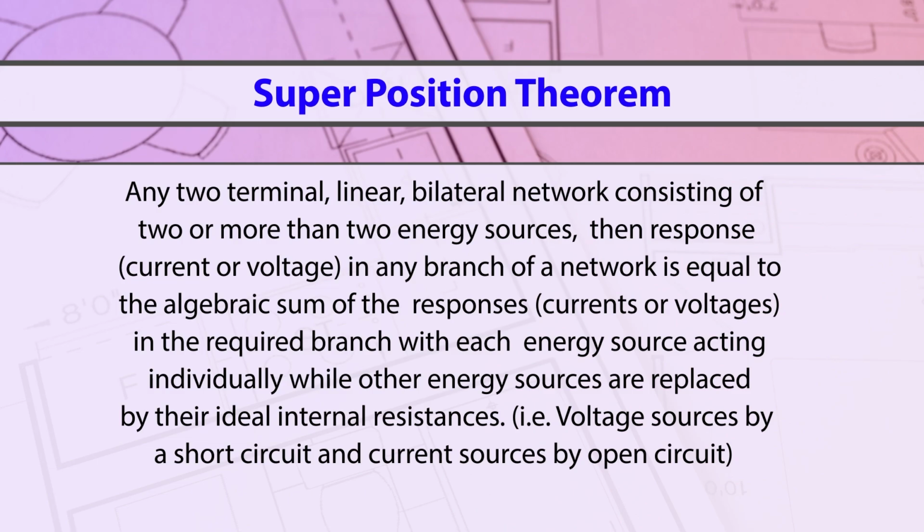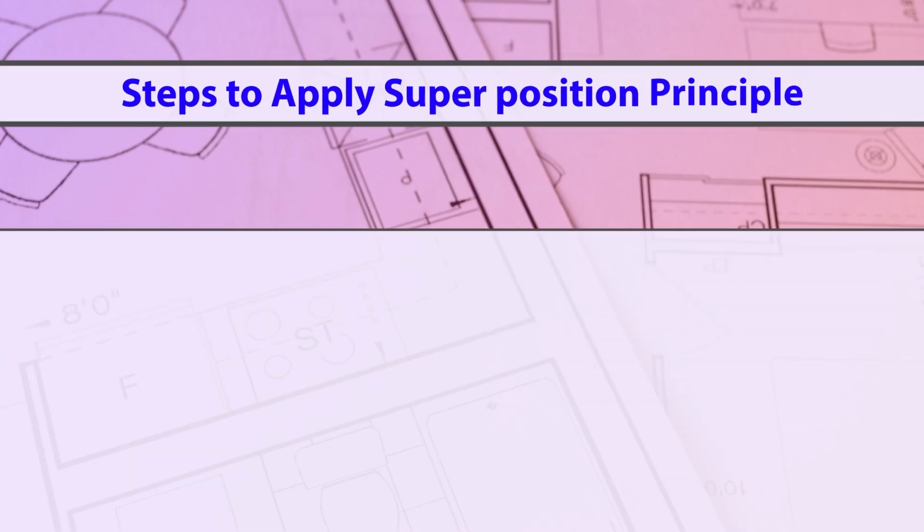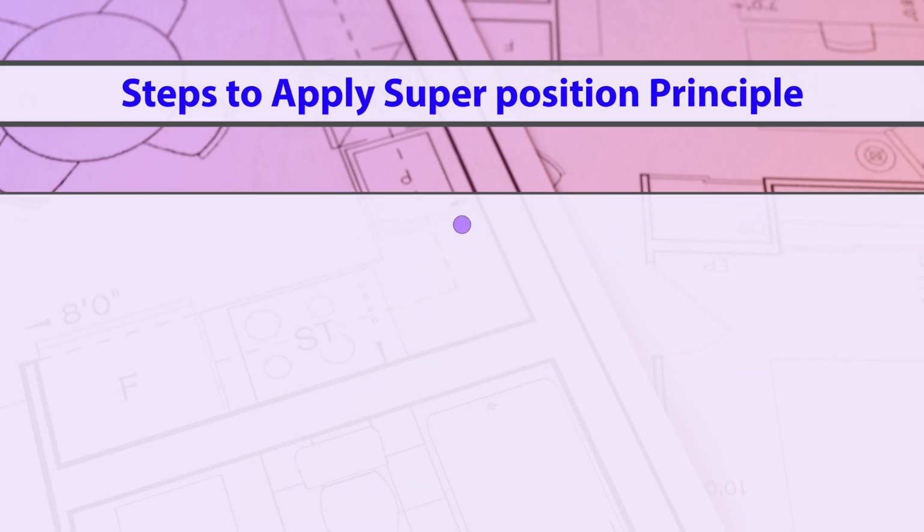As you know, the internal resistance of an ideal voltage source is 0, which means you can replace a voltage source by a short circuit, and the internal resistance of an ideal current source is infinite, which means you can replace an ideal current source by an open circuit.